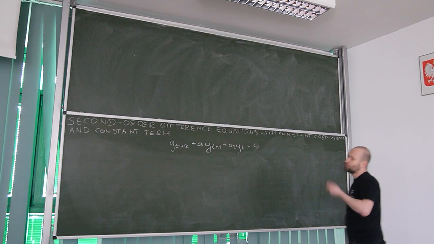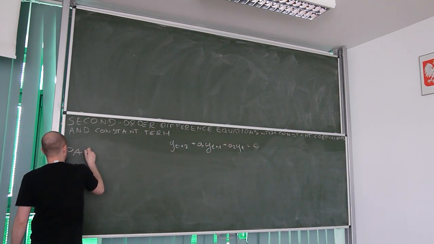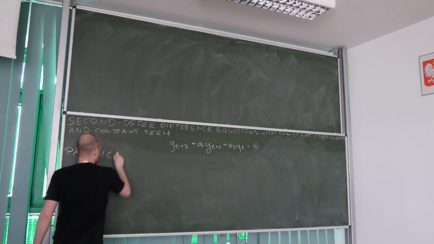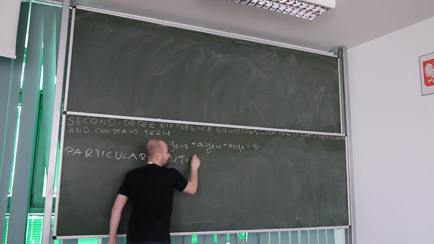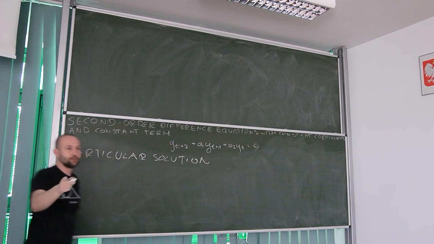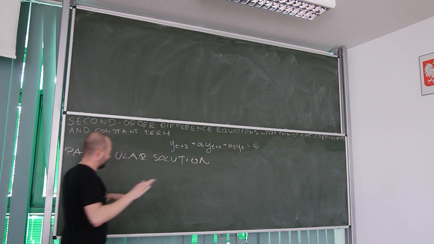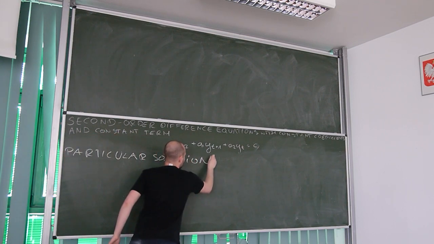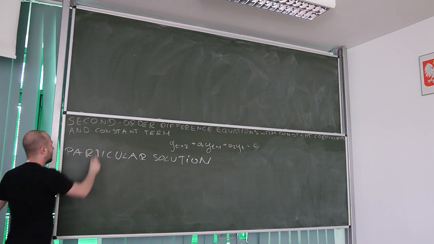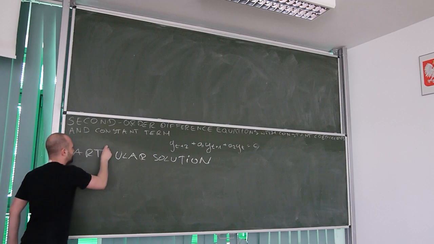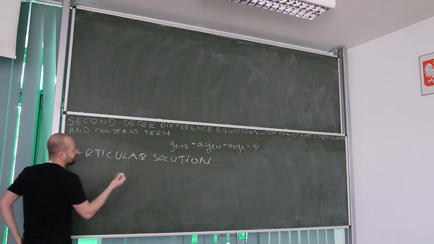So first, we're going to start with the particular solution, so the equilibrium value. We need to try first the easiest possible solution, which is simply a constant.